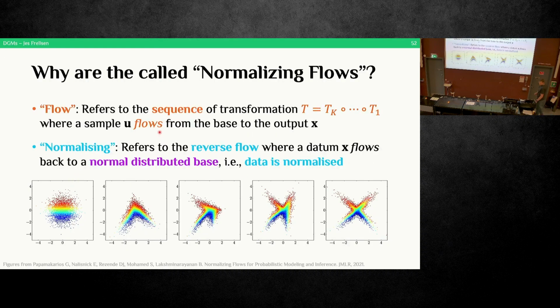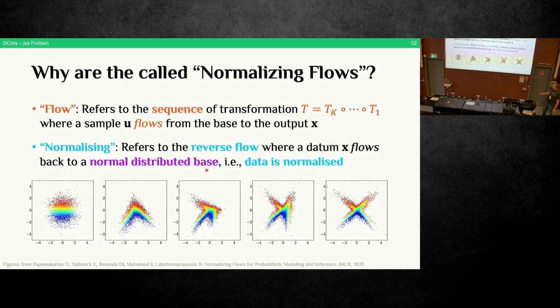So why is it called a normalizing flow? The flow part of normalizing flow refers to the sequence of transformations; you can think of a data point as flowing through the sequence of transformations.